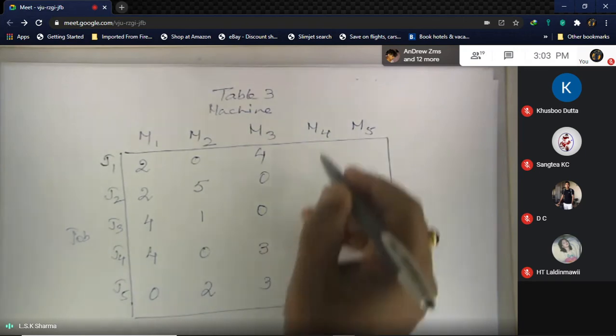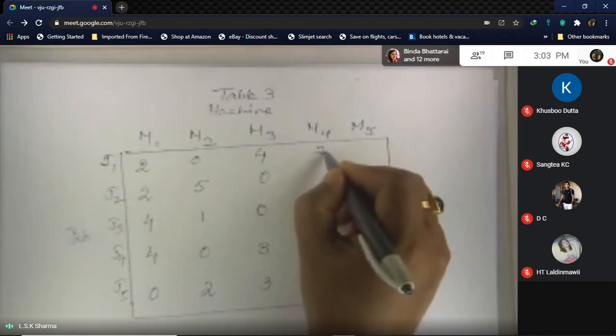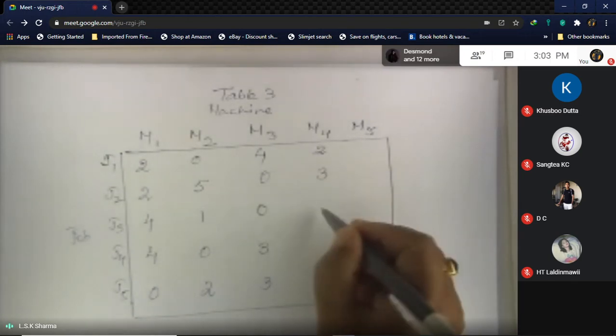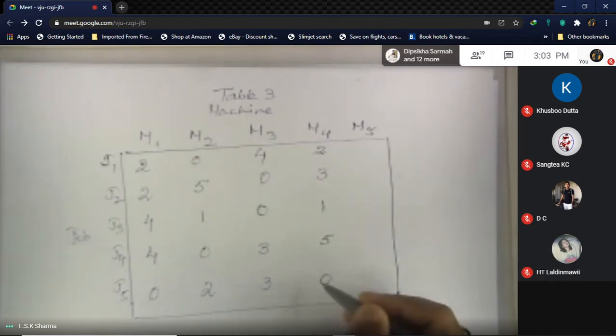In the fourth column, 1 is the smallest number, so subtract 1 from every element. 3 minus 1 is 2, 4 minus 1 is 3, 2 minus 1 is 1, 6 minus 1 is 5, 1 minus 1 is 0.